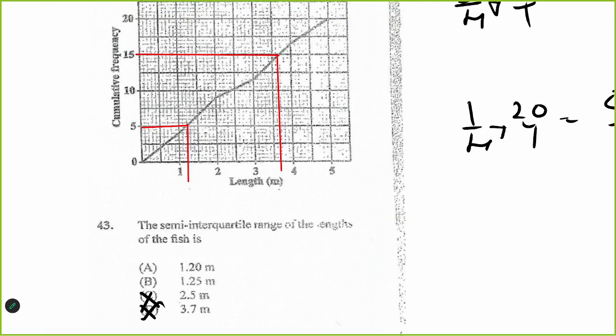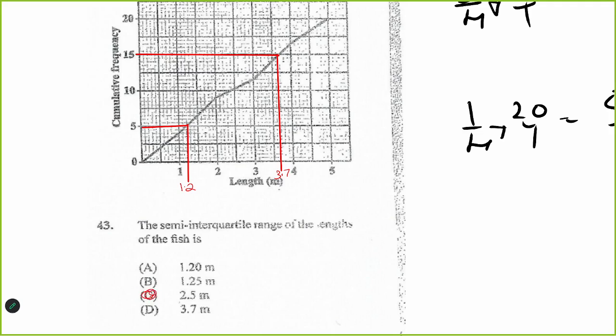When you do this question, you will get about 3.7 for this one, and this one you're going to get 1.2. The difference between 3.7 and 1.2 is... oh no, it's 2.5. It's always good to check, right? 2.5 would have been the answer for this question right here.